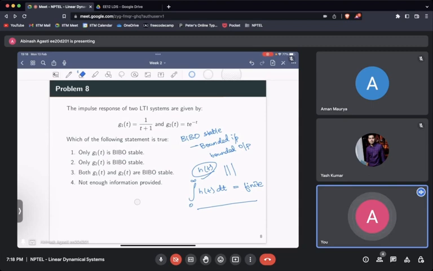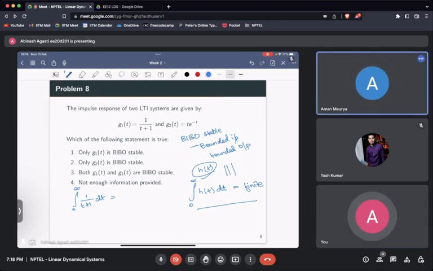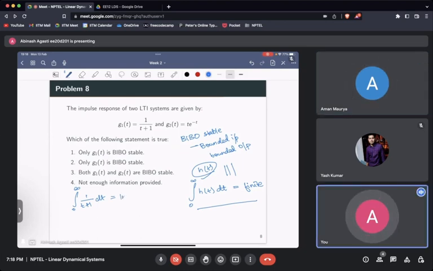Okay, so let us first check for g1(t). I want to find out the integral of 1/(t+1) dt from 0 to infinity. Can someone help me with this? Standard integration. Yeah, ln. Will it be only t or t plus 1?